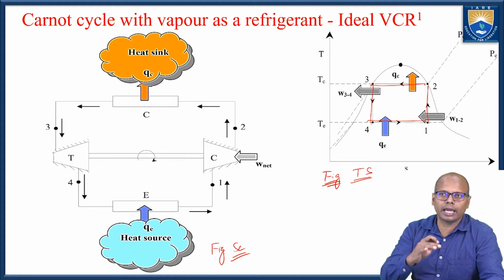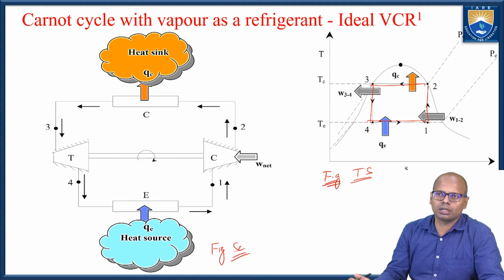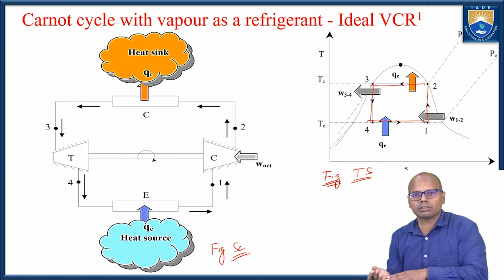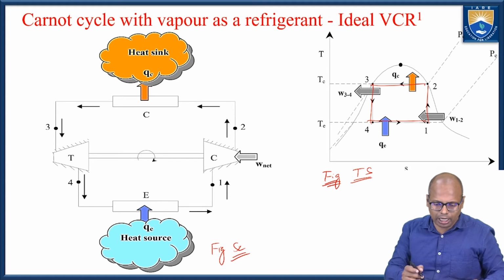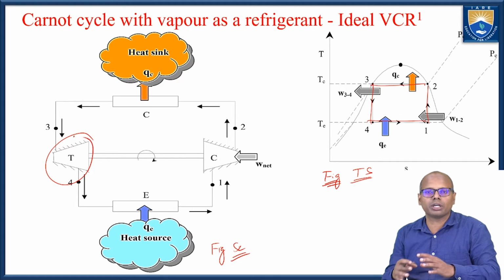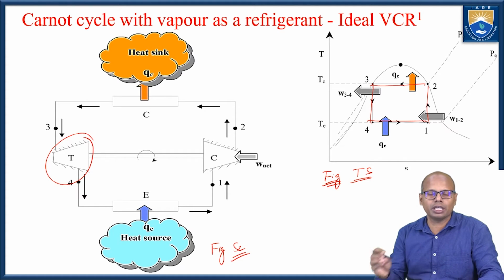So it is not an actual vapor compression cycle, it is an ideal vapor compression cycle which is running on Carnot cycle, vapor compression system running on Carnot cycle. So what is the difference between ideal and actual? In the ideal one we have this turbine, and in the actual one we have removed this turbine and we kept an expansion valve. We will discuss further.